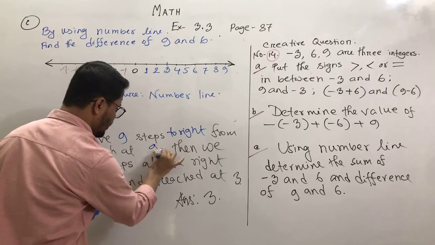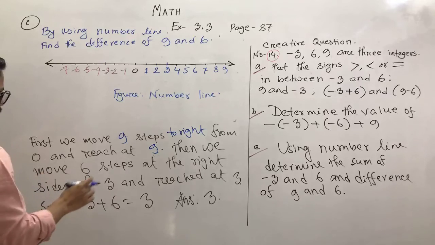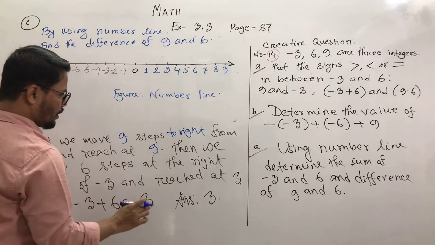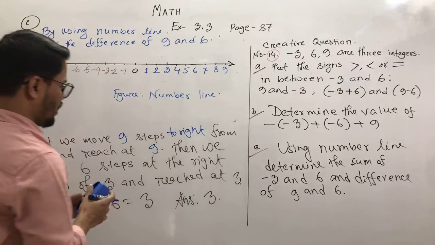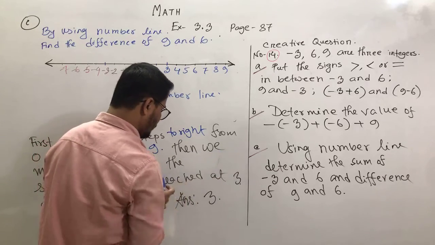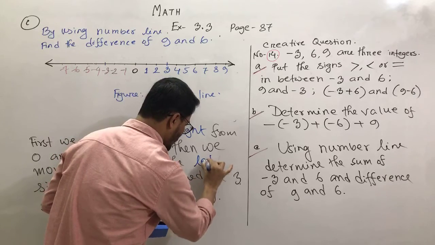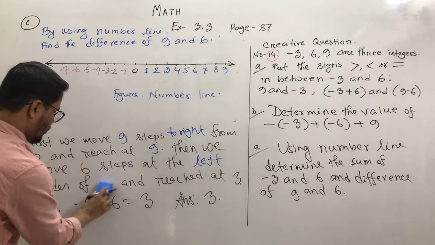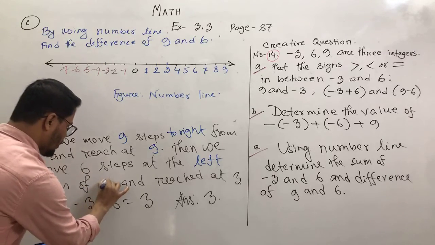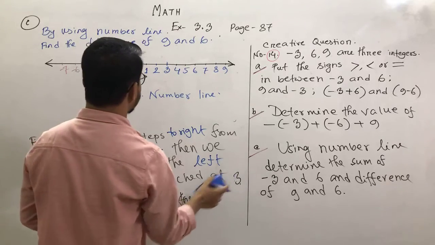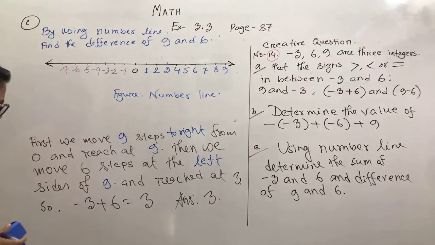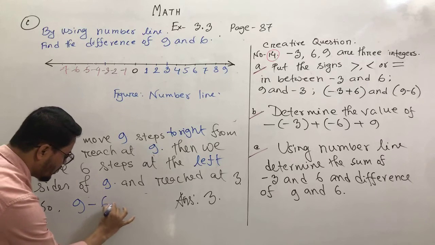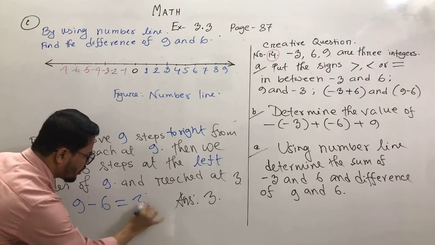First step, reach at 9. Then we move 6 steps to the left side of 9 and reach at 3. So the answer will be 9 minus 6 equal 3.